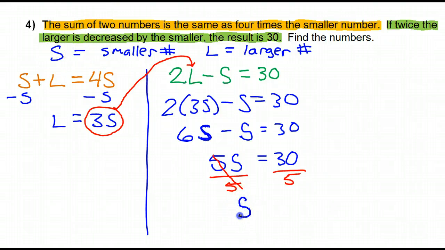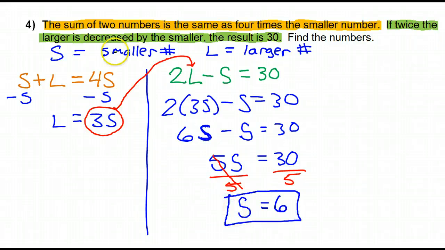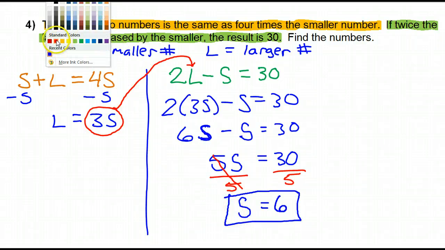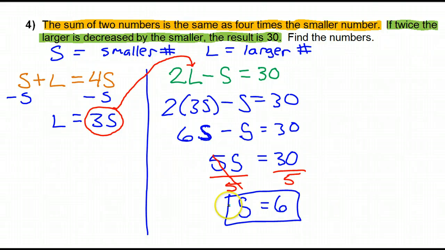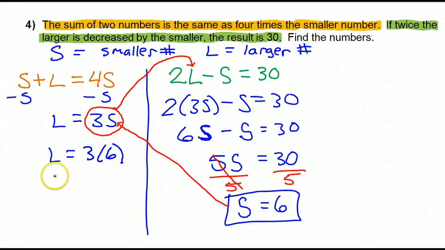So s, the smaller number, is 6. All right, now let's substitute that in. We'll take this s that we just found and put it right there. That'll give us L is equal to 3 times 6, or L is equal to 18.